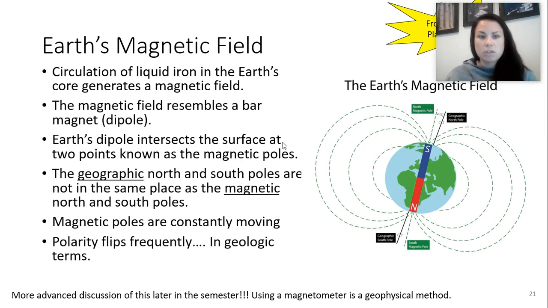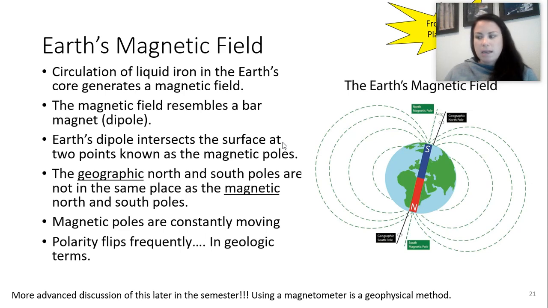Geographic north isn't always the same as magnetic north, and it flips and it moves. And as rocks form, they create their own magnetic field that aligns with the field at which they were formed. So if you have a volcano that's erupting and it has magnetic material in it, it would align with the Earth's magnetic field at the time it was deposited.